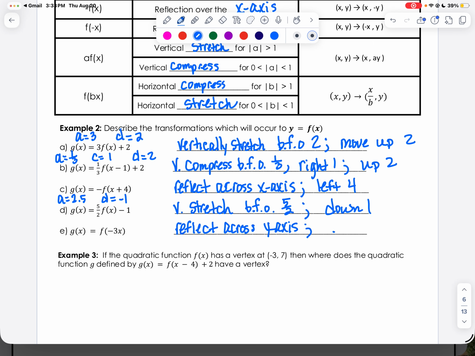This is grouped with the x, so it's going to horizontally stretch, sorry, I meant compression, horizontal compression, by a factor of whatever the reciprocal of 3 is, 1/3.